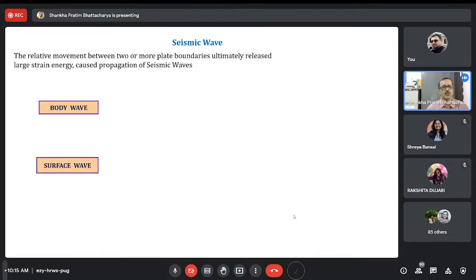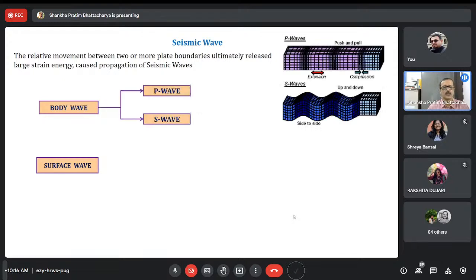Now, there are two types of waves generated by the slip: one is called the body wave and one is called the surface wave. You understand what that is? Because the slip will be generated below the earth, right? The point where the slip is generated is below the surface of the earth.